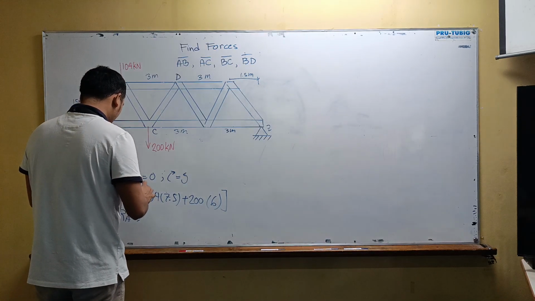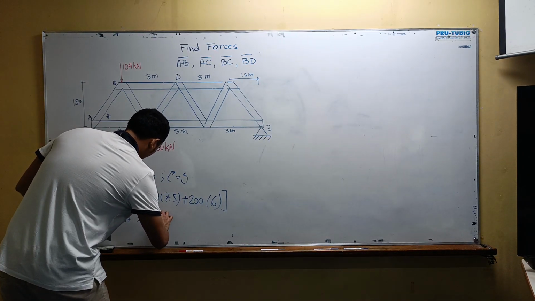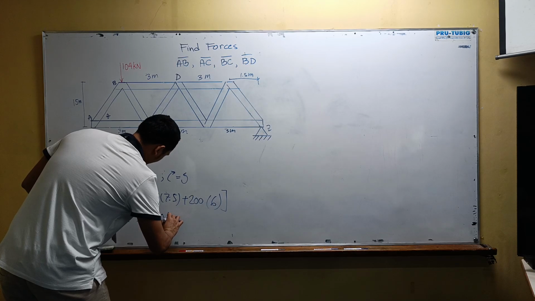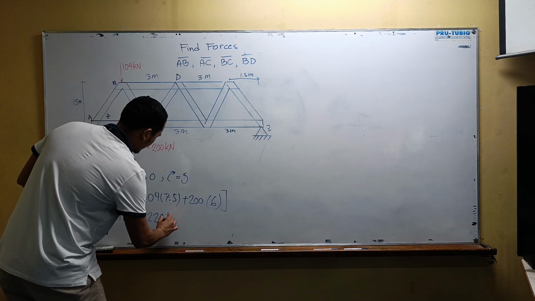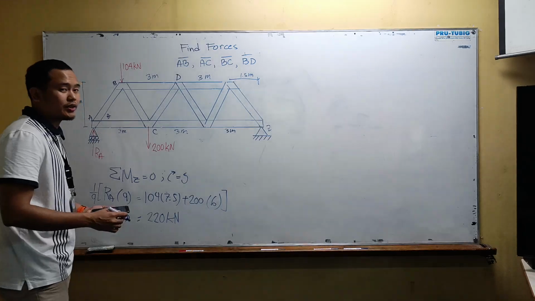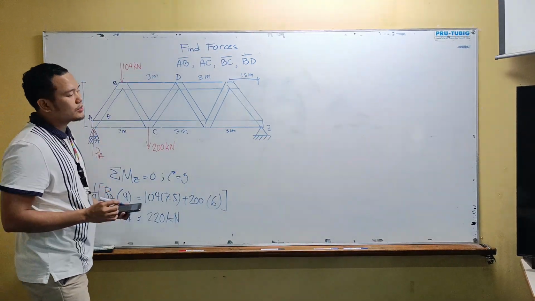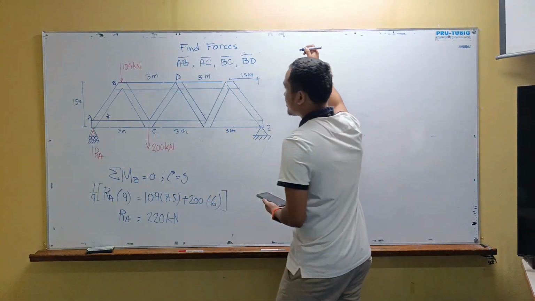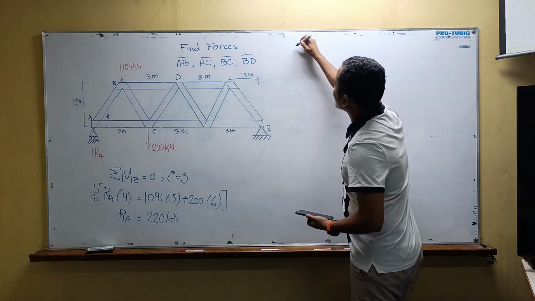So that is 220 kilonewtons. Okay, so now we can proceed to doing our method of joints.